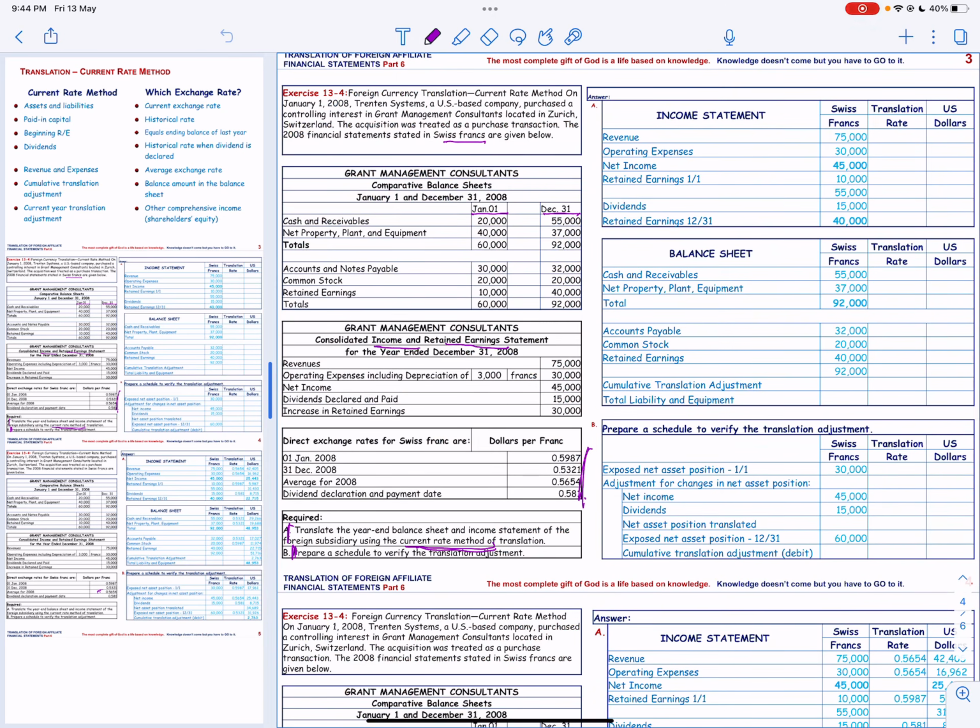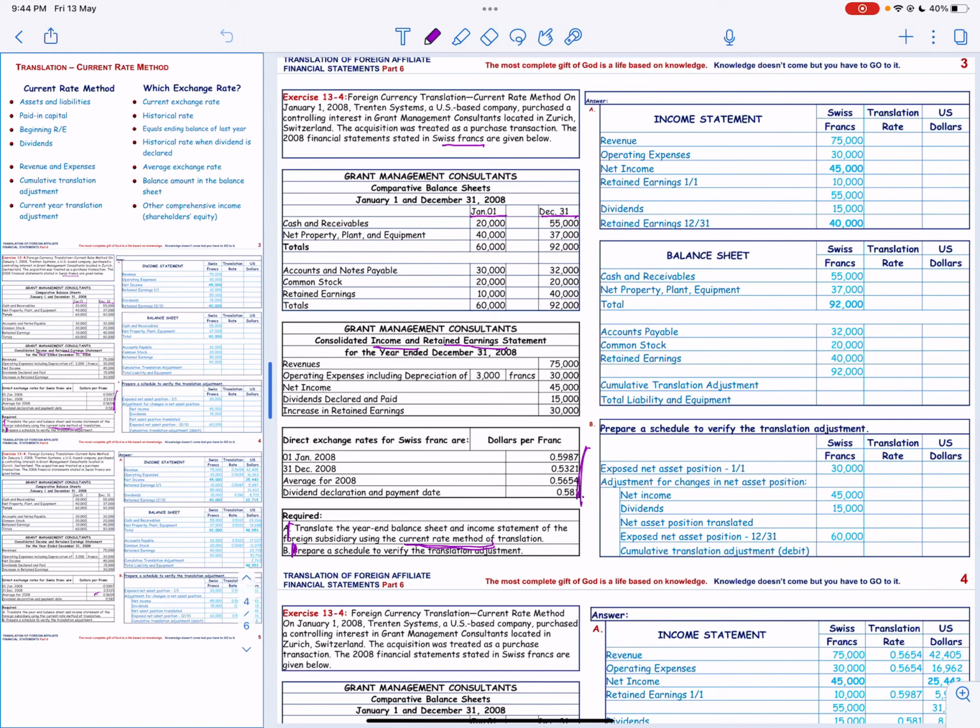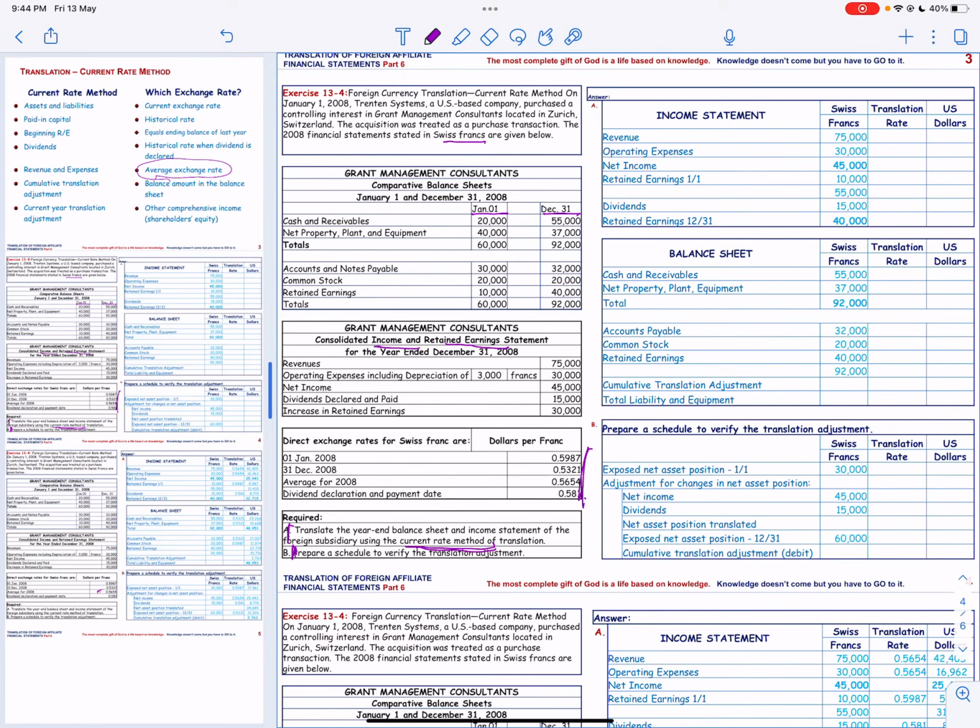So revenues and expenses will be translated at the average exchange rate, and the average exchange rate is 0.5654. Same rates will be applied for the operating expenses.